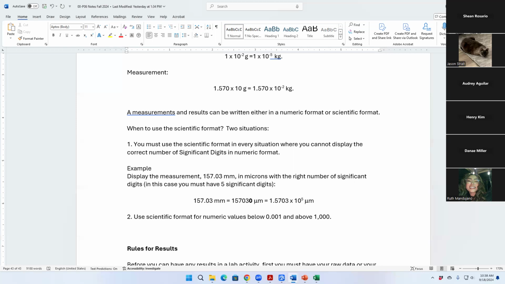When we start adding zeros to this fractional value, it becomes harder and harder to read the number. So it's recommendable that you write the numbers that are less than 0.001 and more than 1,000 in scientific format. Okay, let me give you an example.